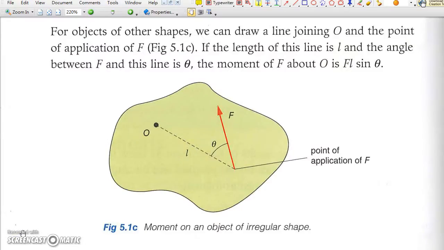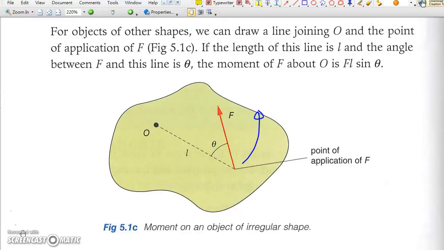The concept of moment does not only apply to the rod, but to any object, because any object may be turned, right? In figure 5.1c, the irregular rigid body experiences a force F at a point away from the point of rotation.